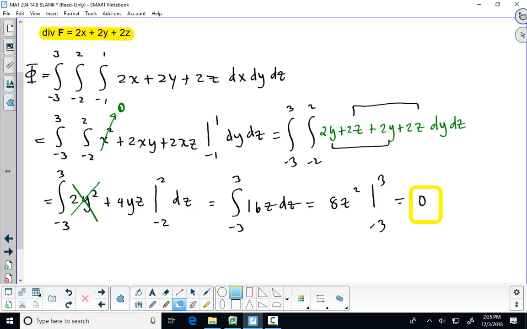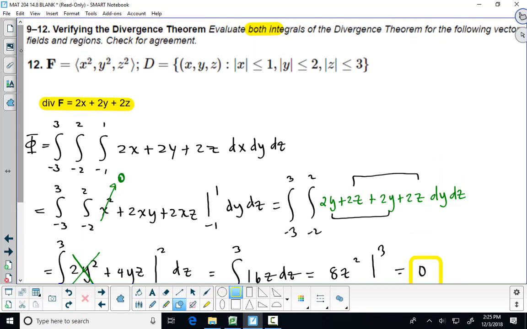So now we're going to do the surface integral. To do any surface integral, we have to parameterize the surface. Oh my gosh, this looks horrible. We have a rectangular box. We would have to do all 6 faces, the surface integral for all 6 faces.